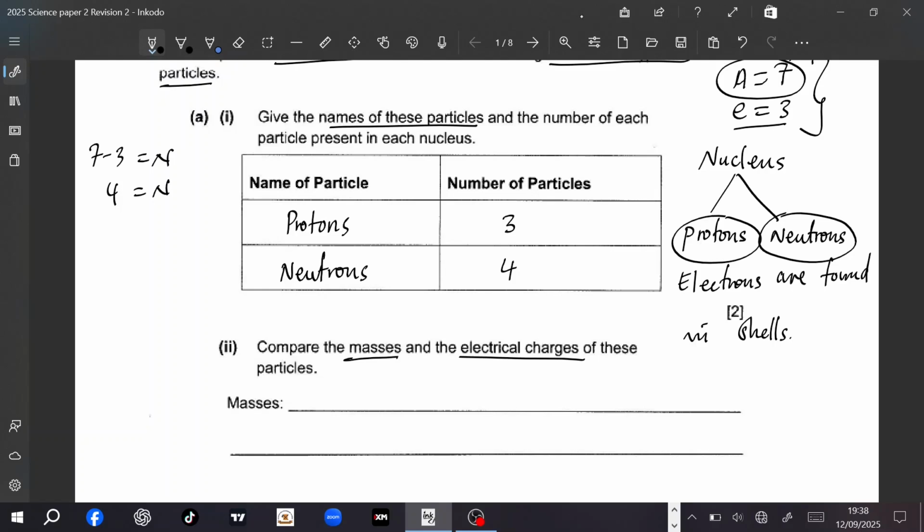So in terms of masses, we answer here. We are going to say that neutrons are more massive than protons.